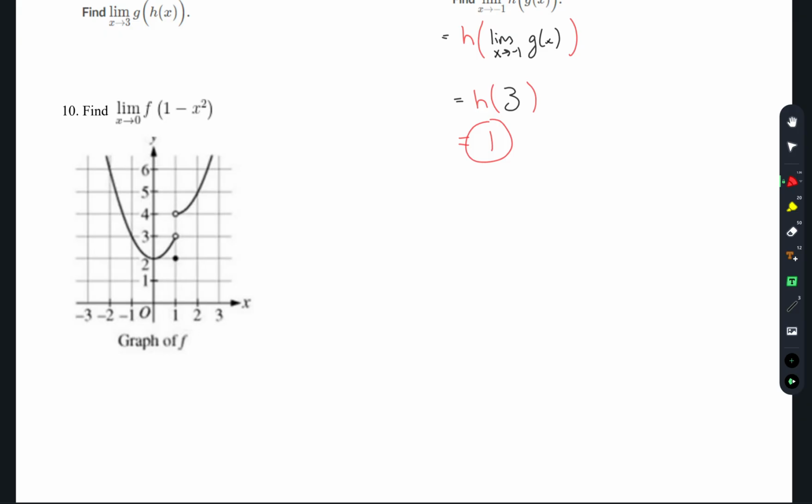So it's kind of like a sneaky composite because it's not called g, but that inside guy is a function. It's not a straight up number. So the way you would start this one, at first anyway, is you would take f and then take the limit as x approaches 0 of 1 minus x squared.